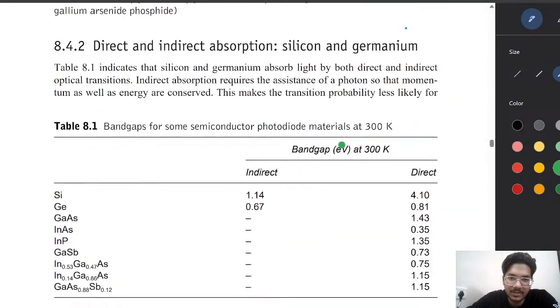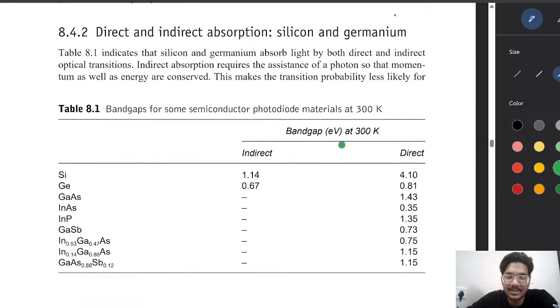Now we have to understand direct and indirect absorption in silicon and germanium.